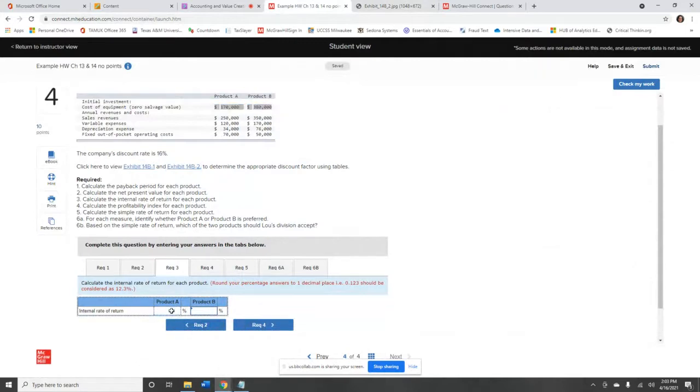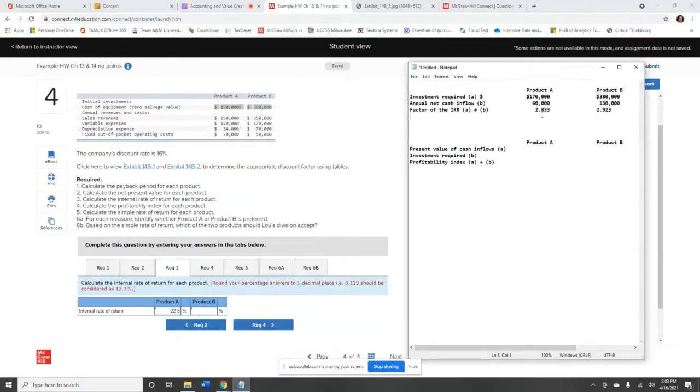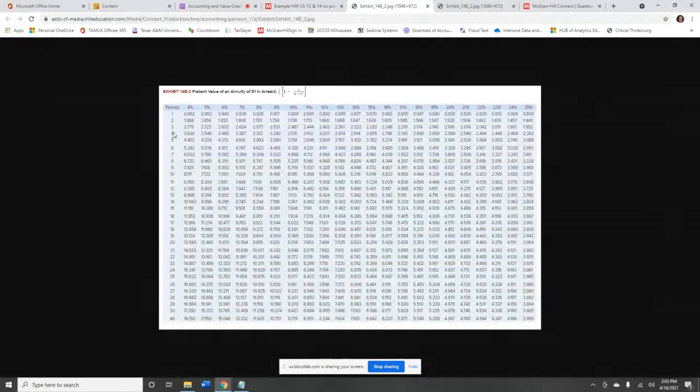So the internal rate of return for product A is 22.5. All I did was take this number, and I know it's a 5-year cash flow, so I just followed along. Now I'm going to take this number, 2.923, and find something similar to that, still using present value of an annuity and still 5 years.